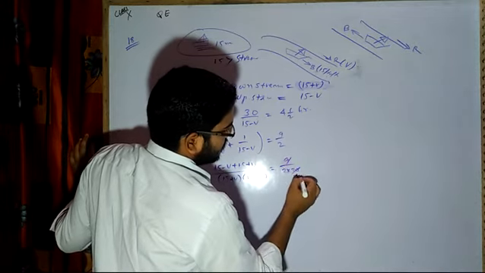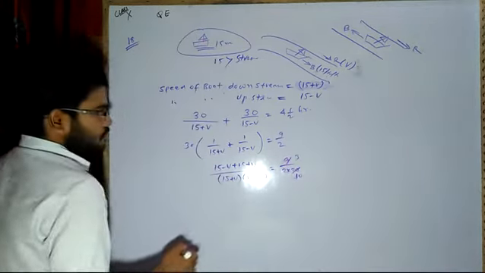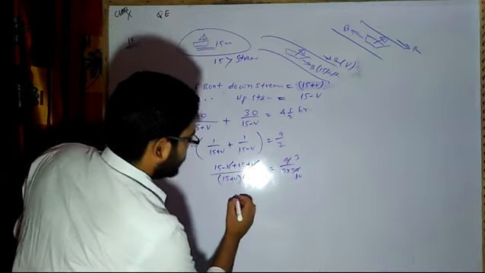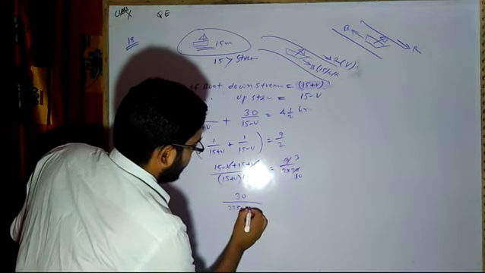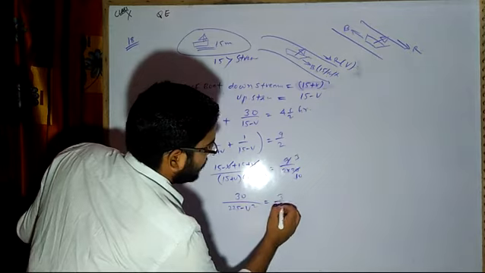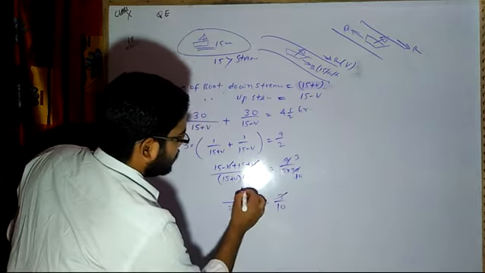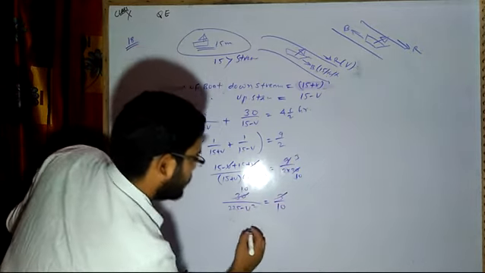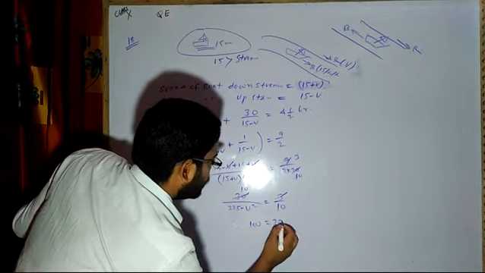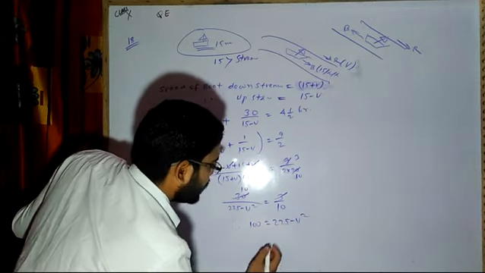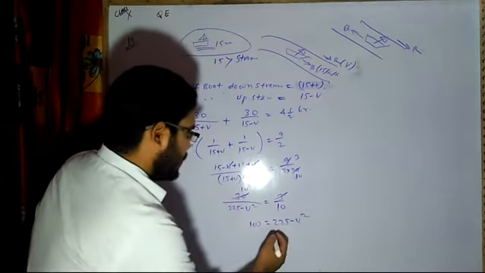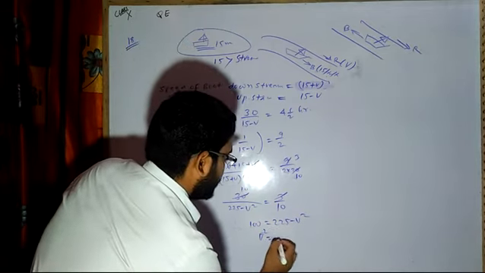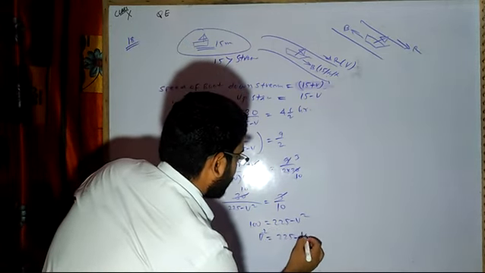Now we cancel, it is 30 by 225 minus V square is equal to 3 by 10. 3 10s are 30. Therefore you can write 100 is equal to 225 minus V square.